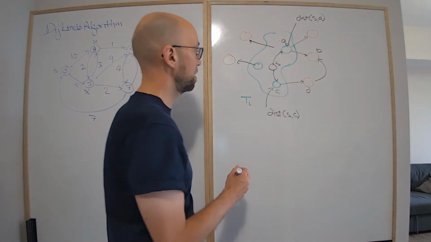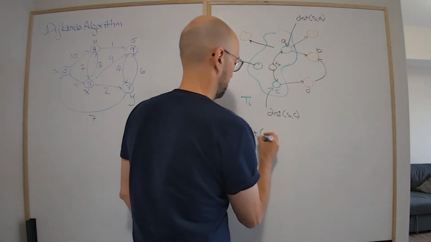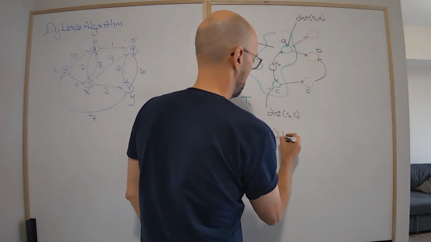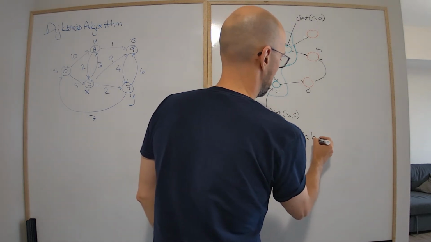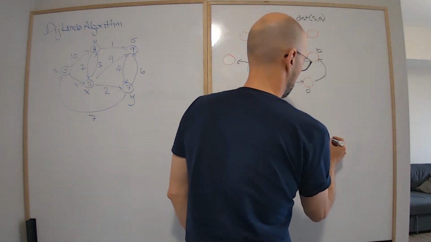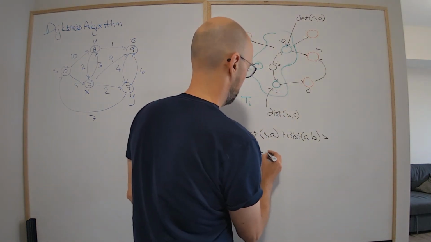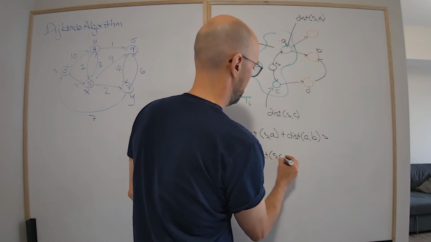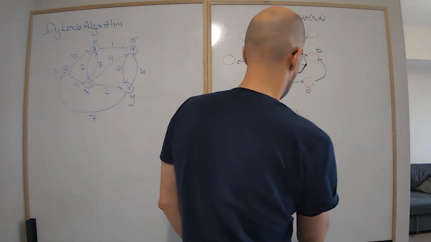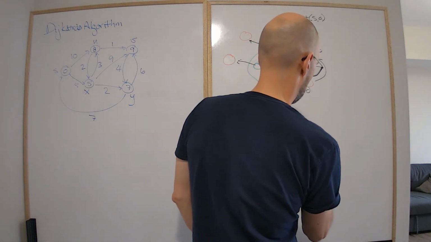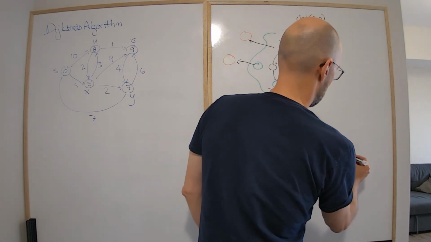So that would mean that distance SA plus distance AB is greater than distance SC plus distance CD plus distance DB.